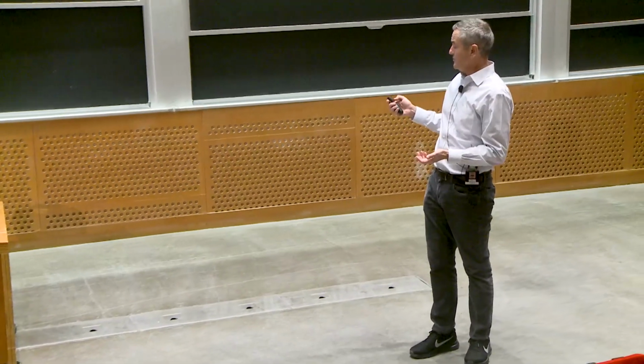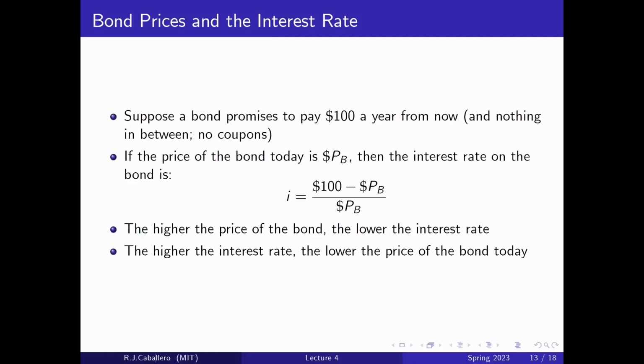But if the price of bonds goes up, that means the interest rate goes down. So that's an intuitive way of understanding how monetary policy lowers the interest rate. A big buyer is buying bonds, the price of bonds will go up, but the interest rate and the price of the bond are inversely related. Okay, you can see that. Now, suppose that the initial price of the bond was 95, and now the price of the bond goes to 100, the interest rate goes from a little more than 5% to 0. Okay, good.